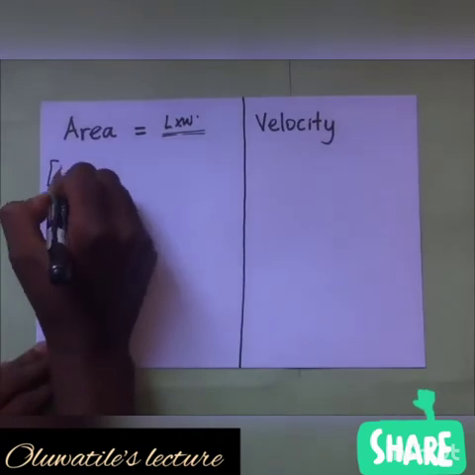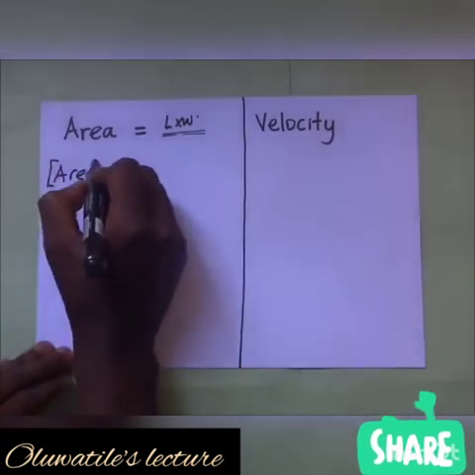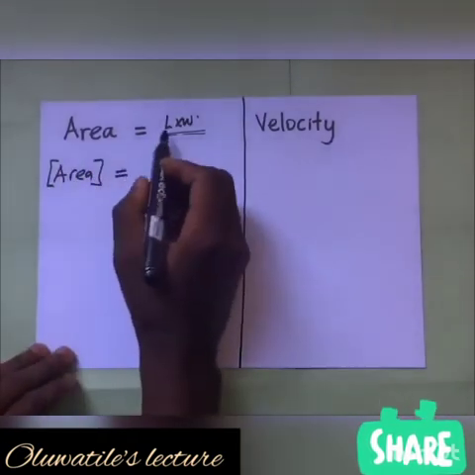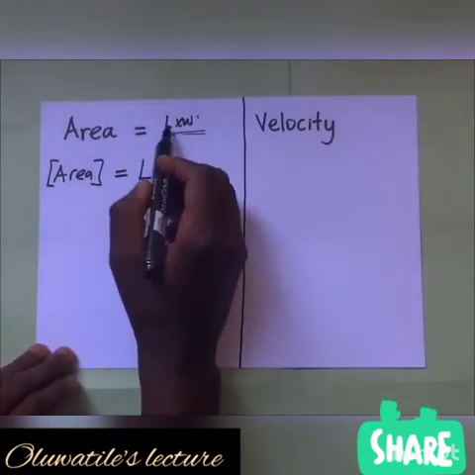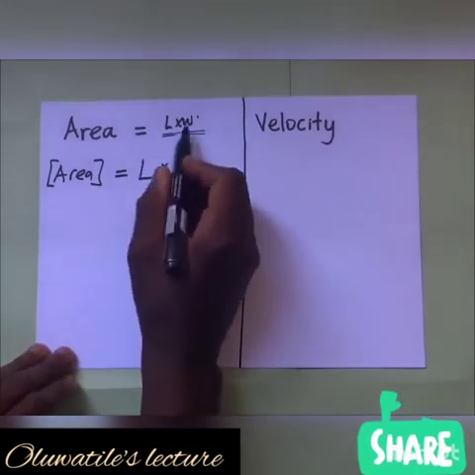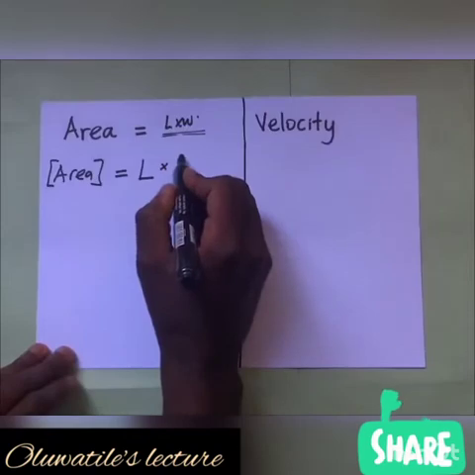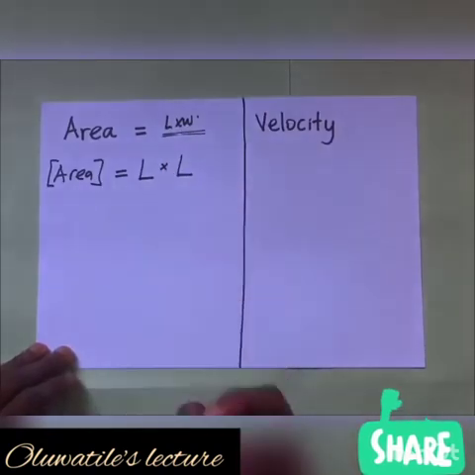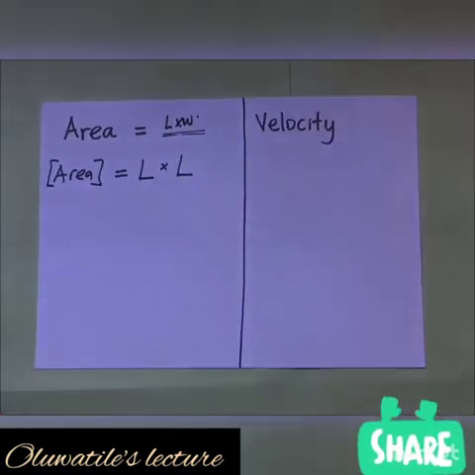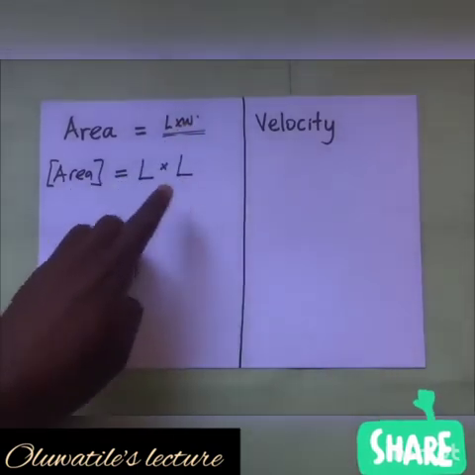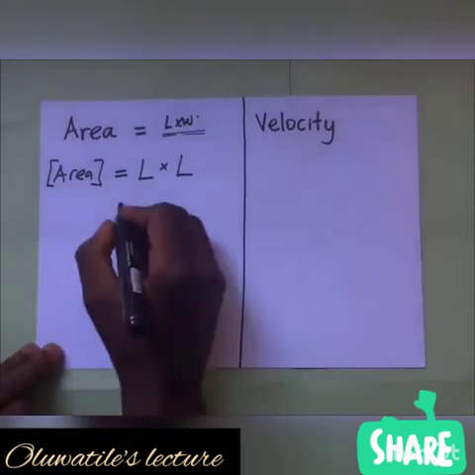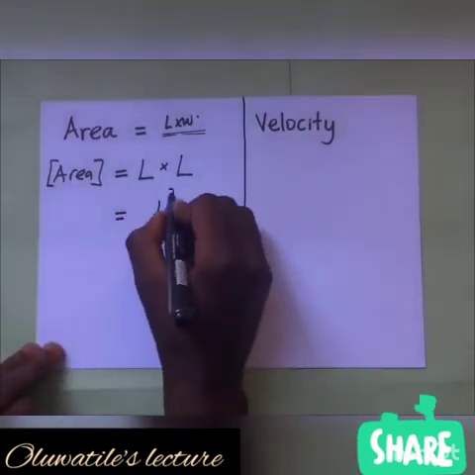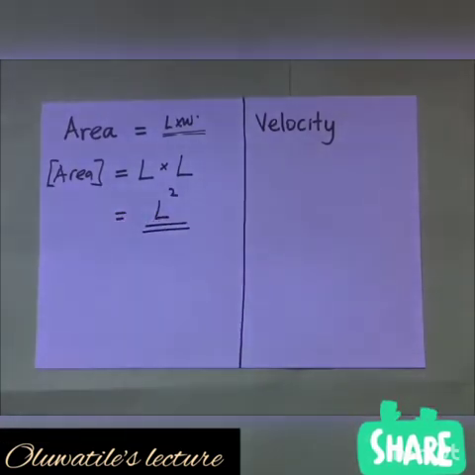So, looking for the dimensions of area, it is going to be length times width. The width is also a length, because as far as the three physical quantities of mass, length, and time are concerned, this width is also a length. So it means that the dimensions of area are L squared.